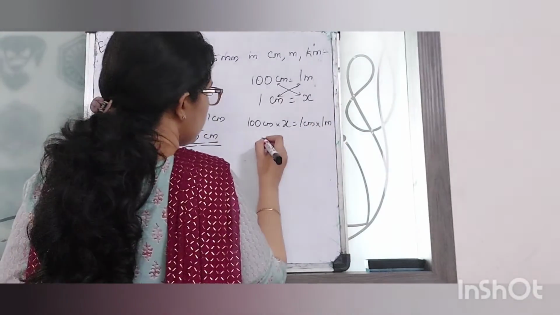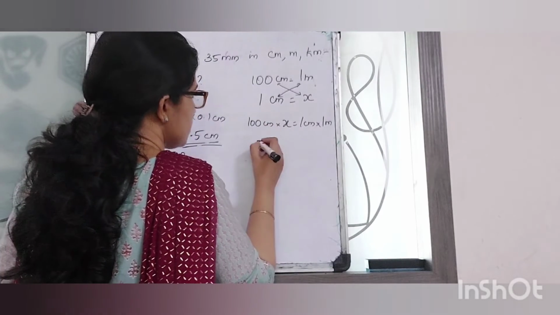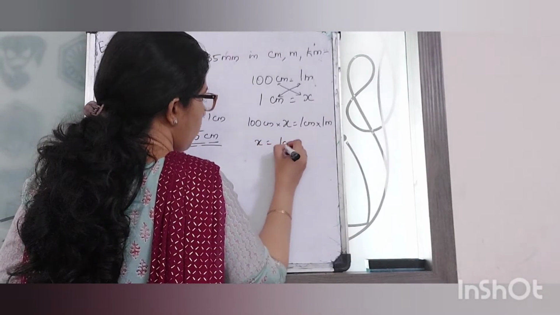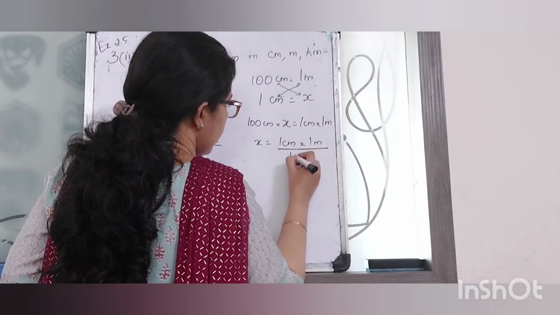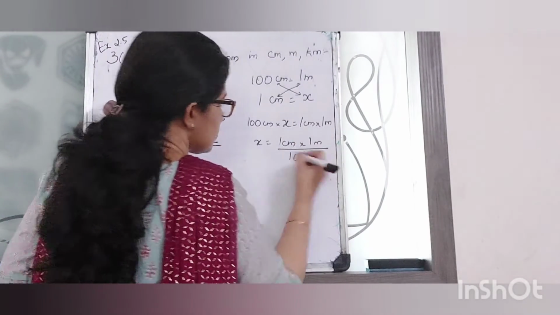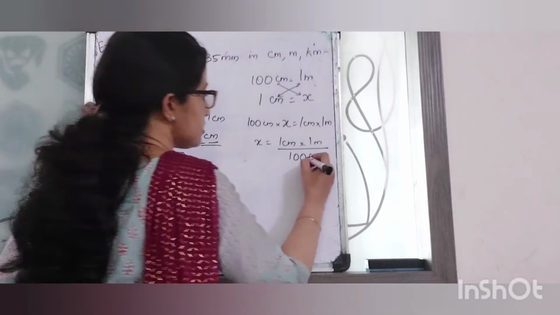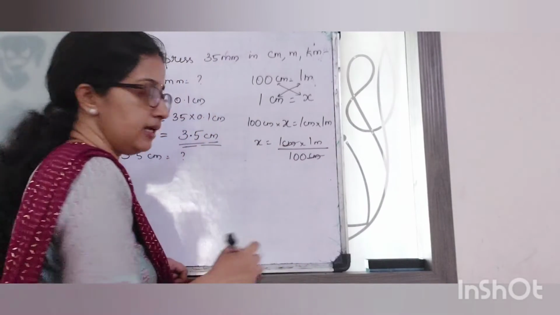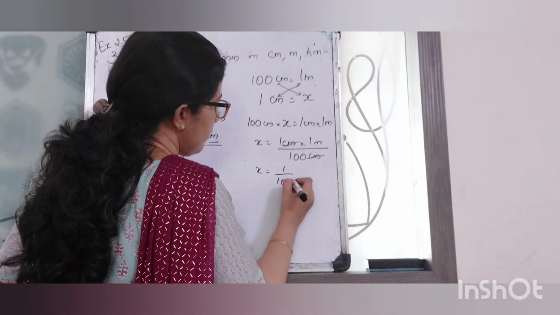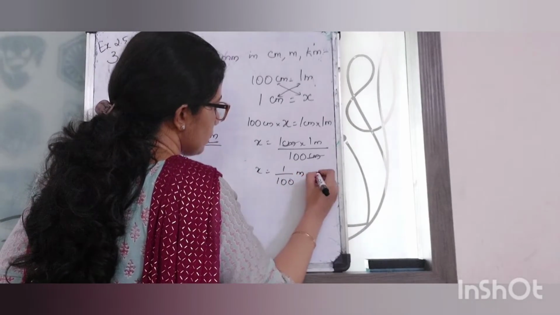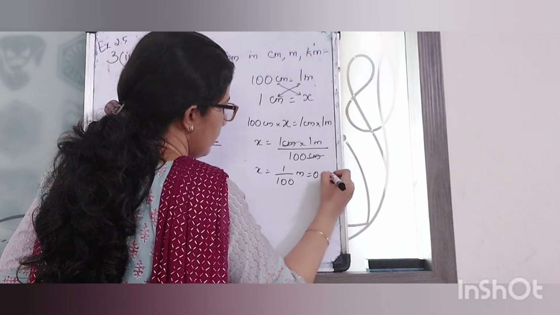Now we have to find the value of x. x is equal to 1 centimeter into 1 meter divided by 100 centimeter. Now the centimeter gets cancelled, so x is equal to 1 by 100 meter, which is equivalent to 0.01 meter.